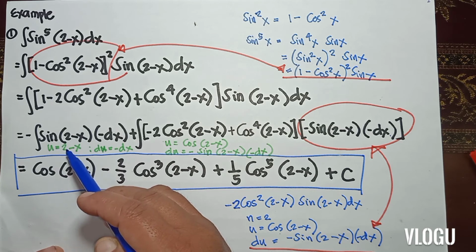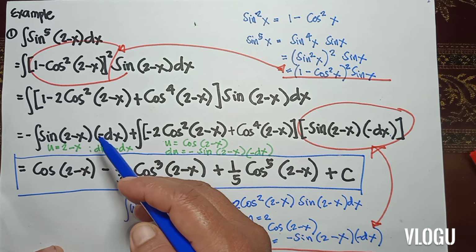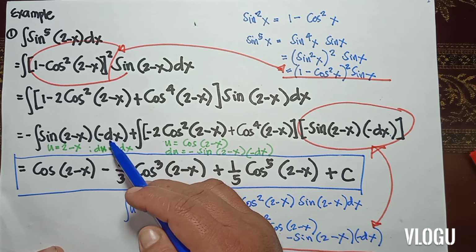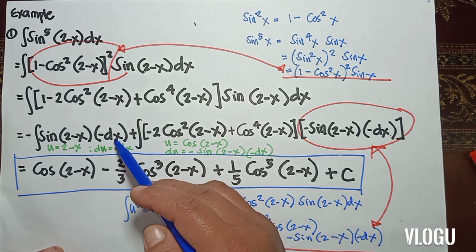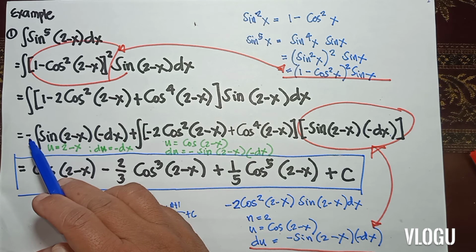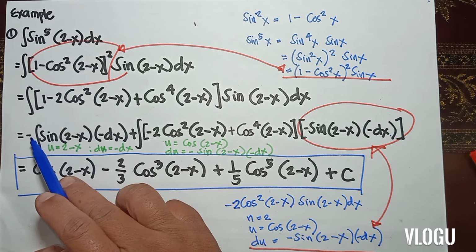The derivative of 2 is 0, and the derivative of negative x is negative dx. So your du is negative dx, but your dx here is positive, so you multiply by a negative outside. That's the reason you will have a negative here.